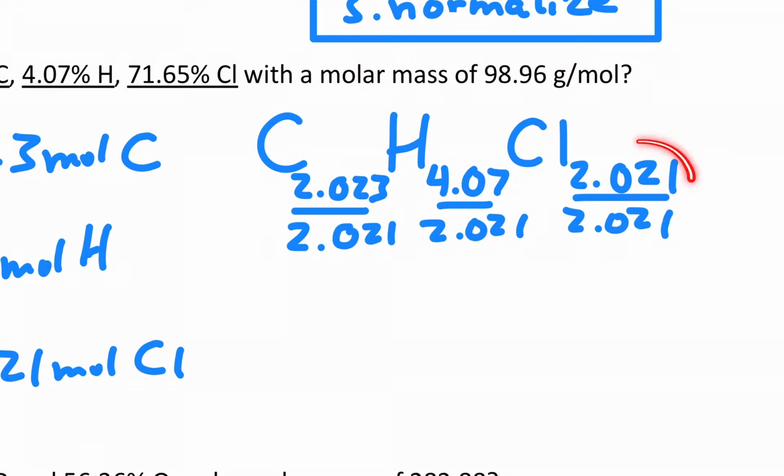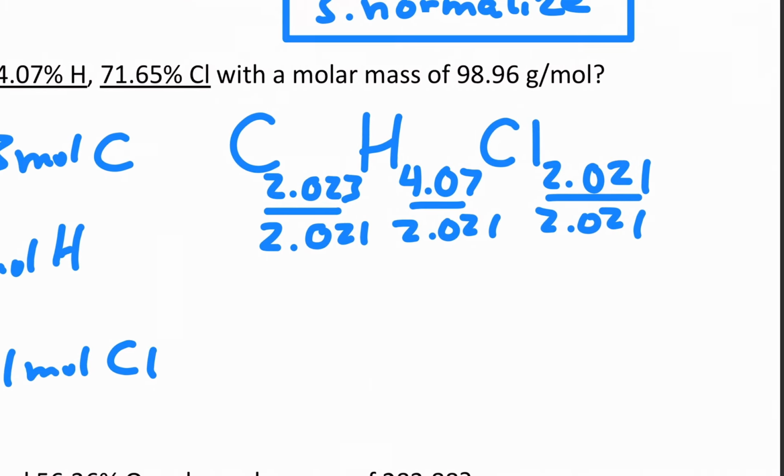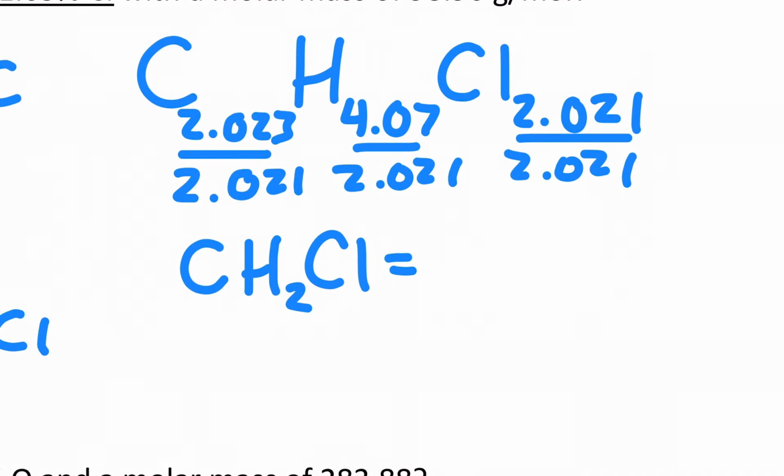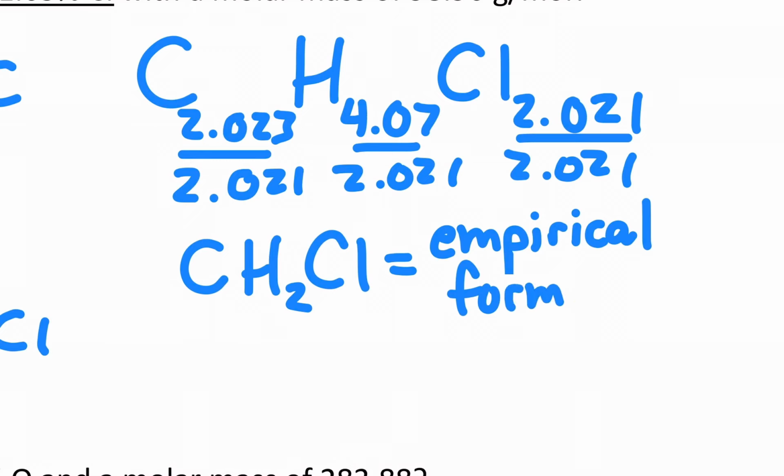This is called normalizing to get a, hopefully, close to whole number ratio. And indeed we do. We get a ratio of C roughly 1, H roughly 2, and Cl exactly 1. That's called your empirical formula. And that's all you can actually get from the percentages.